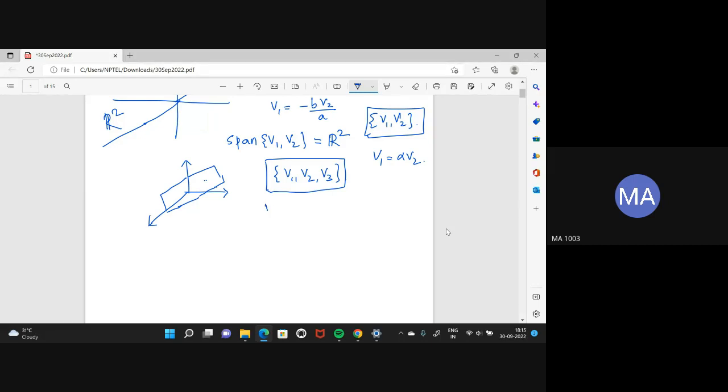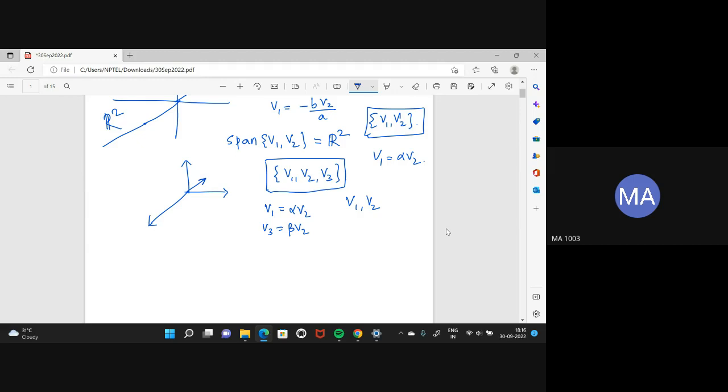It is possible that v1 is equal to alpha v2 and v3 is equal to some beta v2. That is, v1 and v3 are both dependent on v2. This is possible. Or v1 and v2 are independent and v3 is dependent on them. That is also possible, right? So if v1 and v3 are both dependent on v2, how is it going to look?